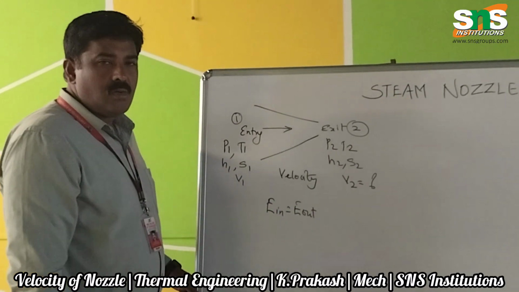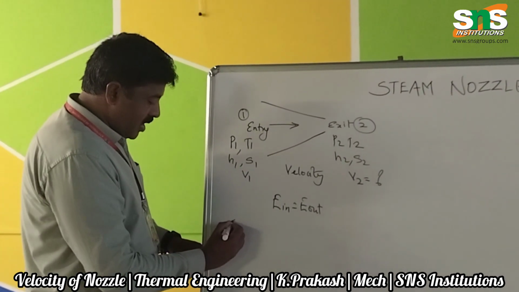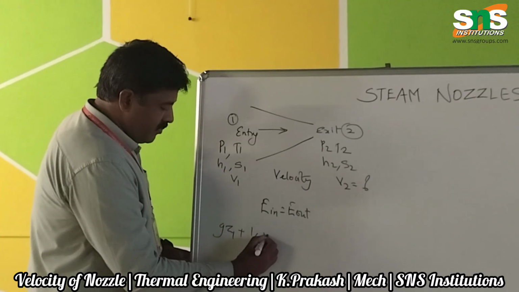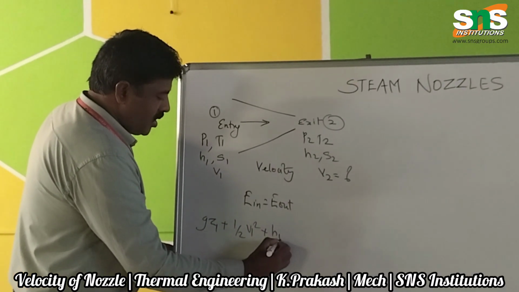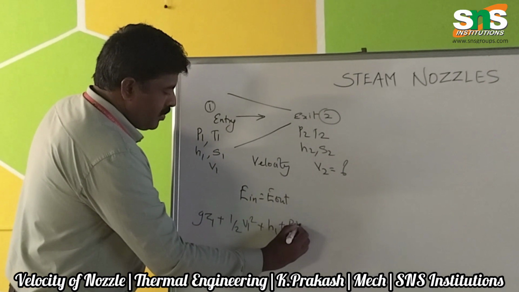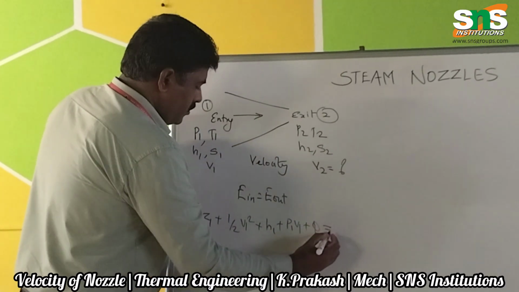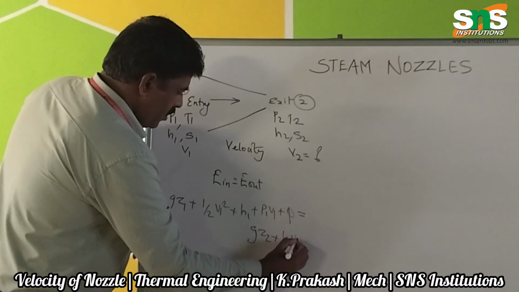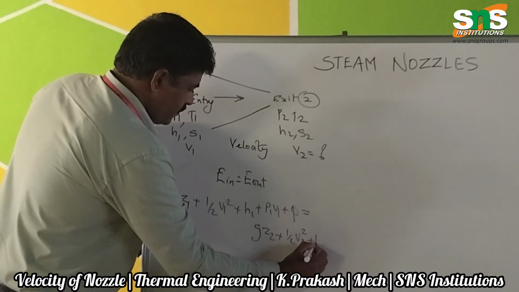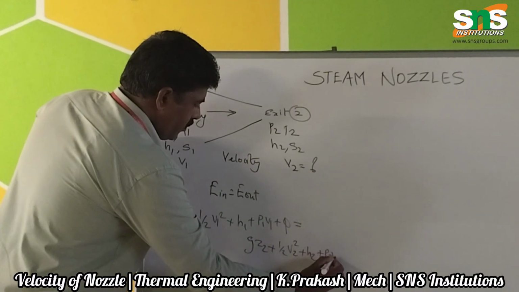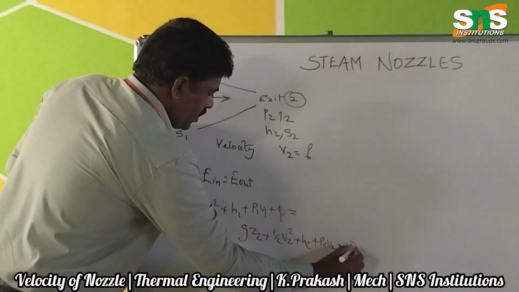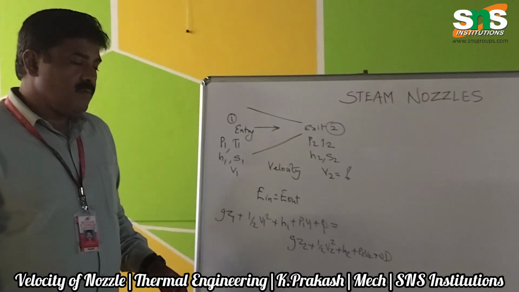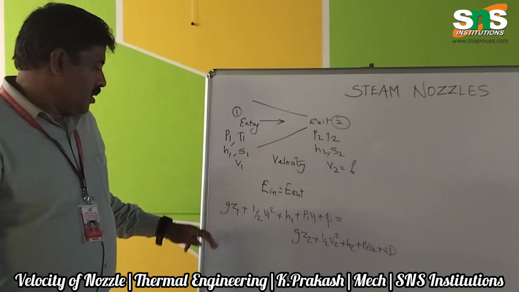Based on this we take the equation as Z1 plus half V1 square plus H1 plus P1 plus Q is equal to Z2 plus half V2 square plus H2 plus P2 plus W. This is the general steady flow energy equation.